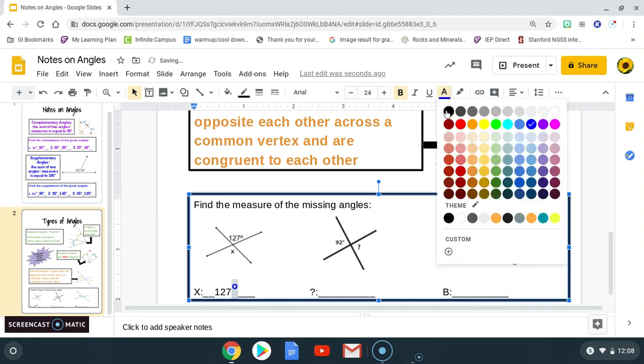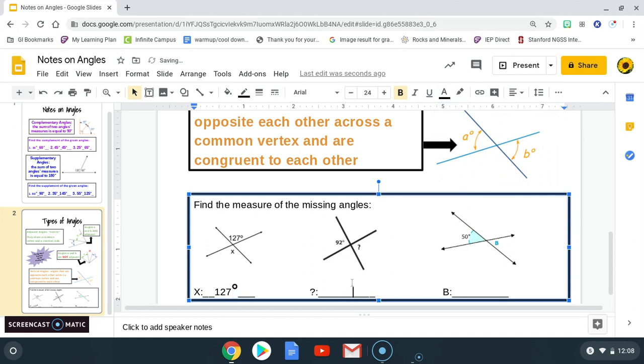Now here, if this one's 92, this one's going to be 92. If this one's 50, this one's going to be 50.